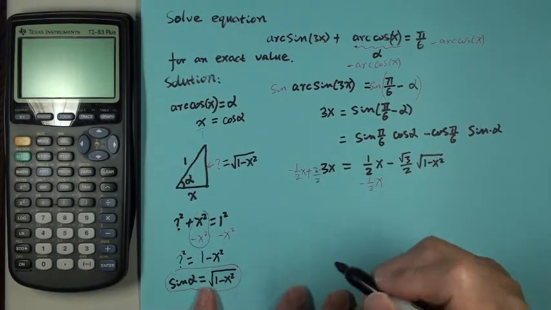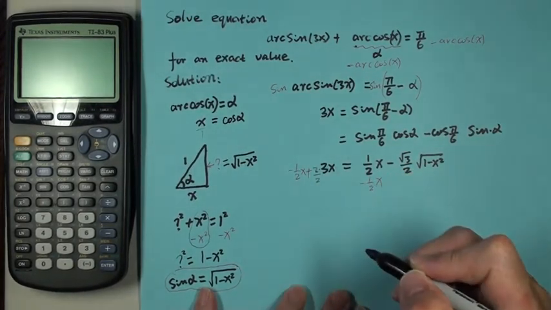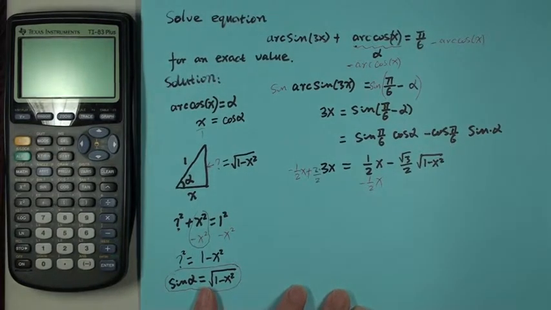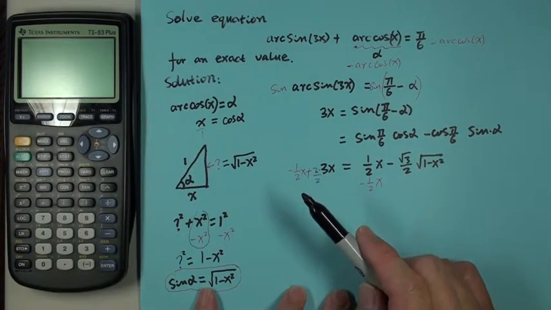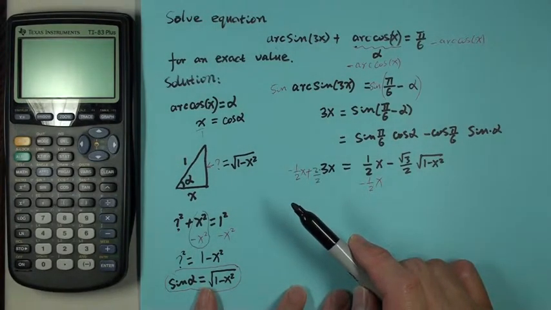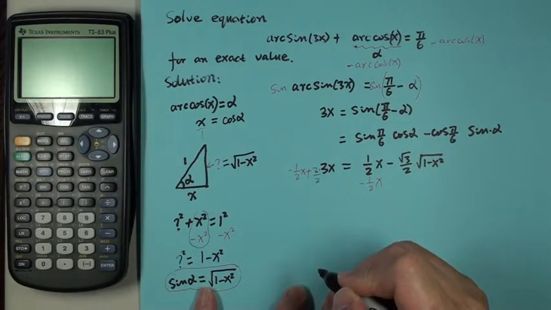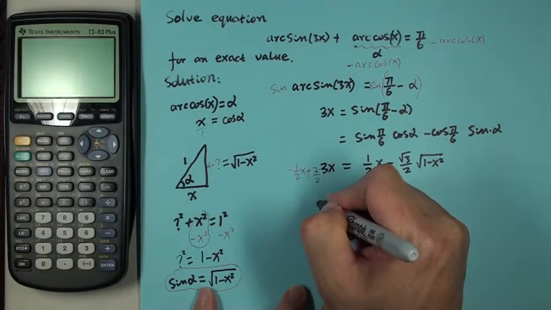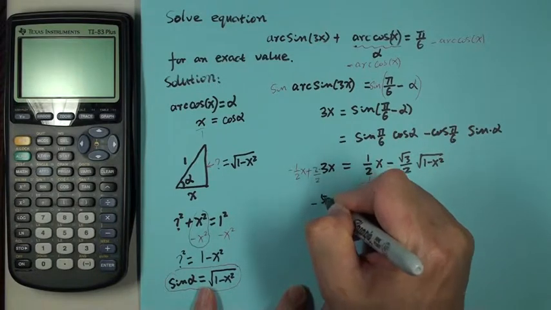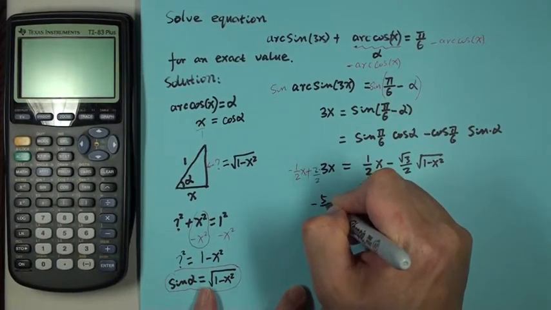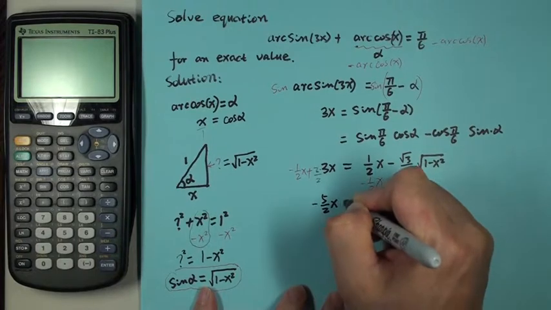Do you have a negative? Let's see. You then have a negative, yes. Negative 5 over 2 times x on the left.